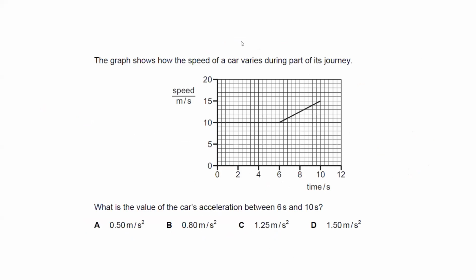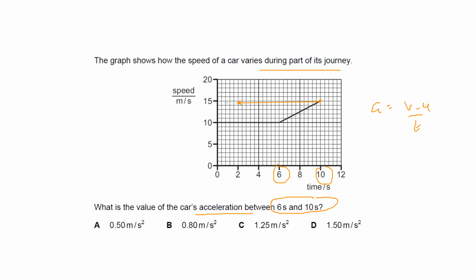Another similar question. The graph shows how the speed of a car changes during the journey. What is the value of acceleration of the car from 6 seconds to 10 seconds? So how can we work it out? Because it's a straight line, we'll use the formula which is v minus u over t, where v is the final speed.